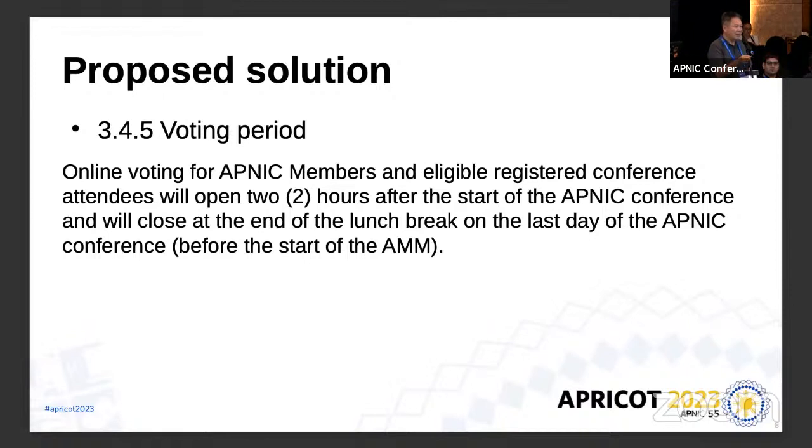That was the problem. So the proposed change here is to ensure that real people vote. I'm not sure if that answers your question. But remember that the point you were trying to make was that APNIC members can always vote.